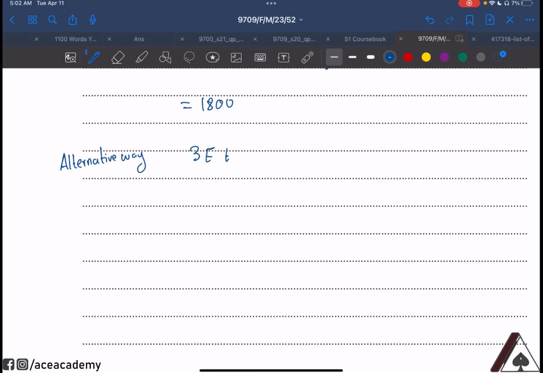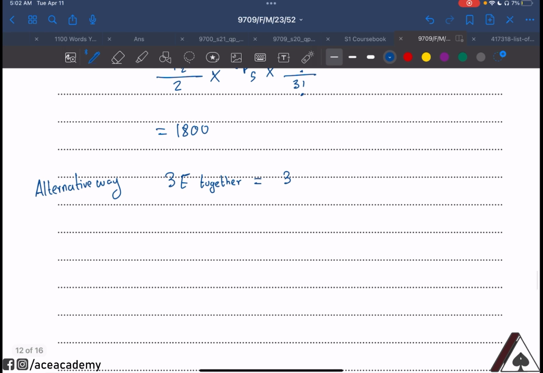But there are 2 situations in which the 3 E's are together: 3 E's and 2 D's together, plus 3 E's plus 2 D's not together.